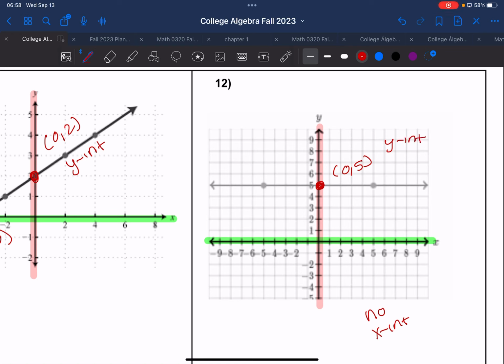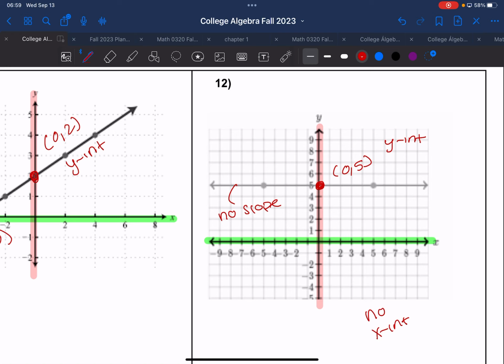Okay? And then we said that this had what type of slope? It doesn't have a slope, so no slope. Remember, if it has no slope, that's a horizontal line. Constant. If it's a vertical line, then that's undefined. Undefined is a vertical line.